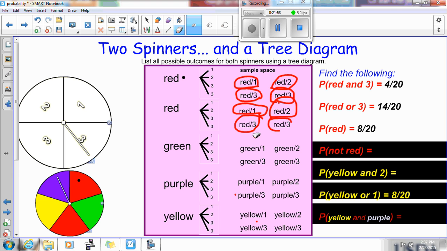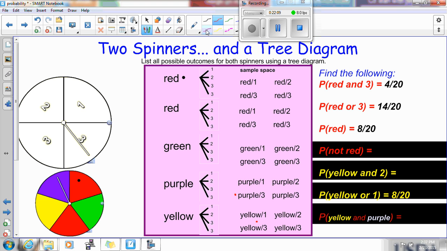What about not a red? So we're going to erase all the reds. We don't want red. So how many times does it not land on red? We don't care about the number. We're only looking at not red. Well, green is not red. So actually all of these greens, all 4 of them. Purple's not red, so all of these purples.